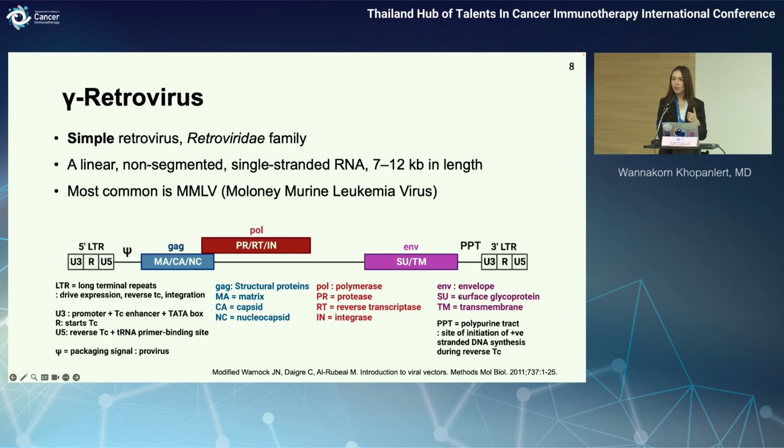The structure of the virus contains 3 major coding segments, including gag, pol, and env (envelope), which encode important proteins in viral integration, replication, and encapsulation. Moreover, the psi packaging signal over here is a cis-acting RNA element for packaging during the assembly, and this is essential for the production of infectious particles.